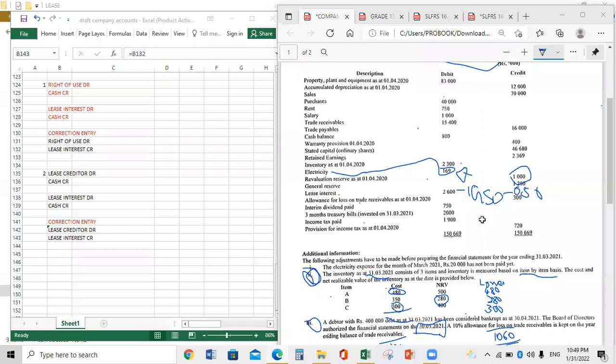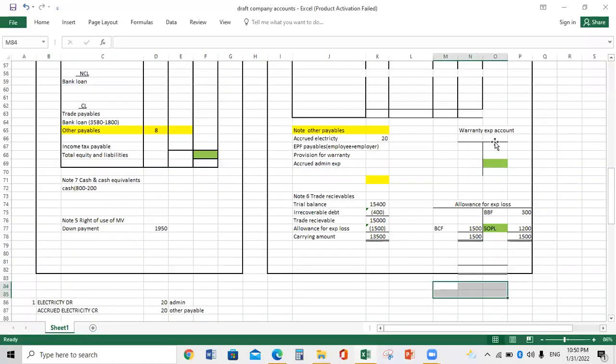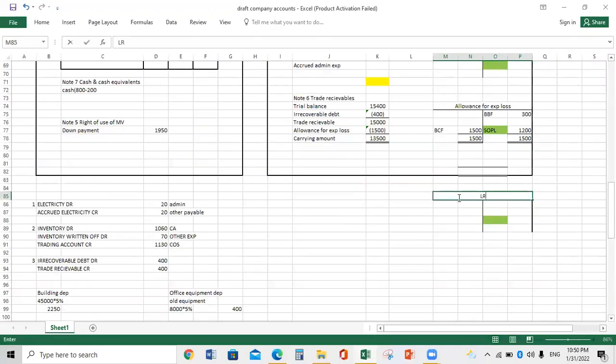Open a lease creditor account quickly. Lease creditor. And then debit it, say installment. How much? 650. So that's done.